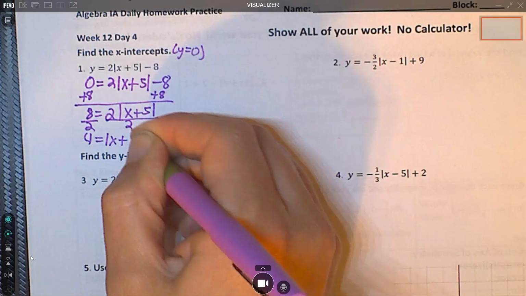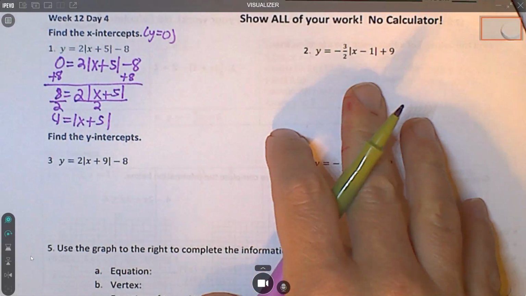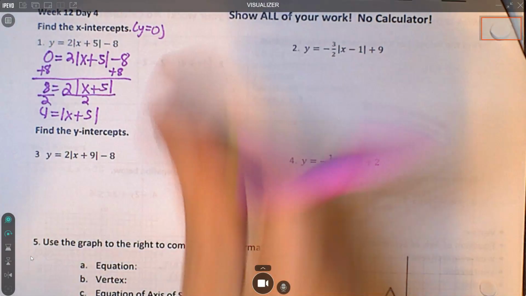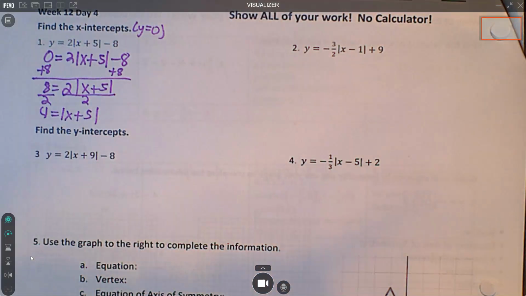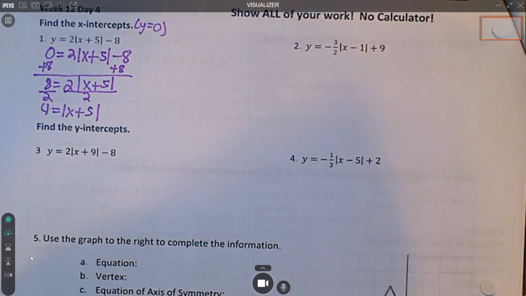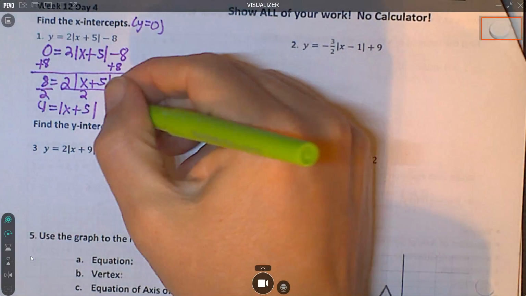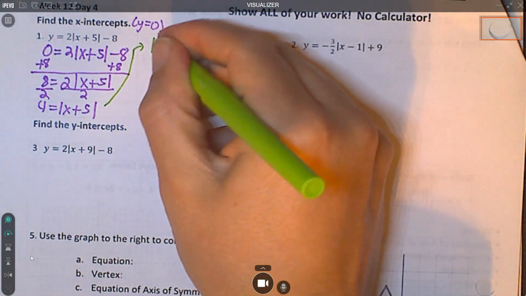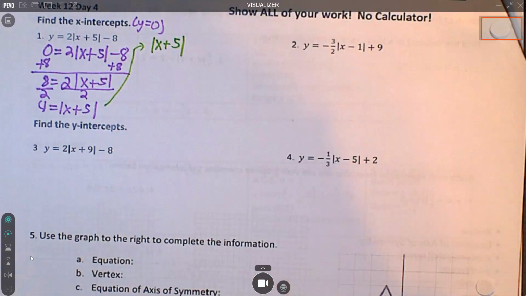Okay, it's not no solution because we're the result of an absolute value. Some of these should be inequalities.